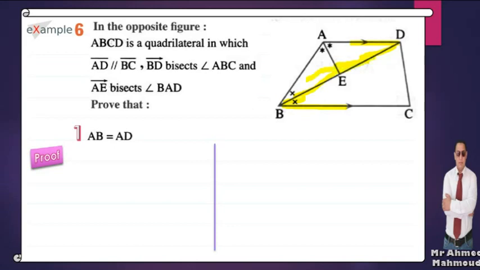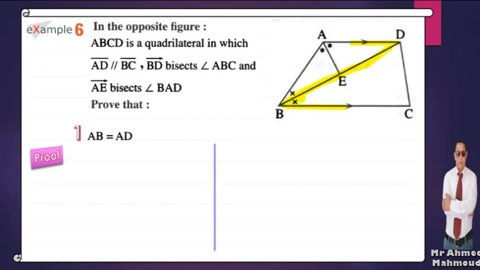Now we have a Z shape as you see. Then I can reflect this angle from here to here.